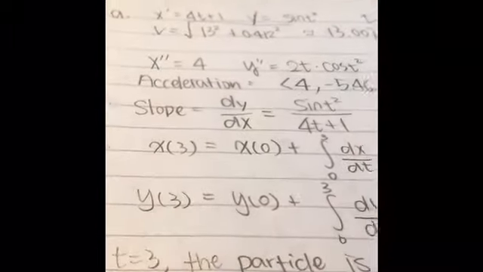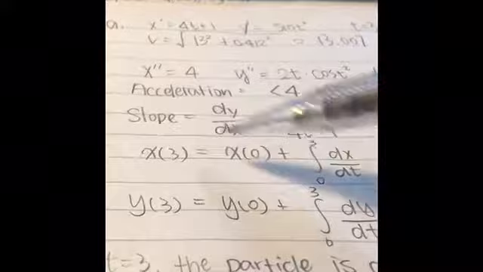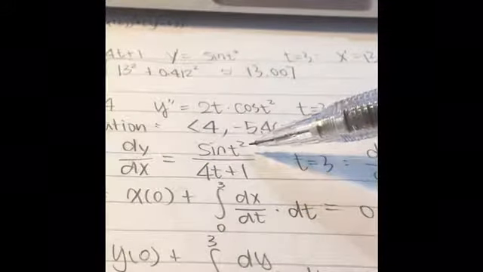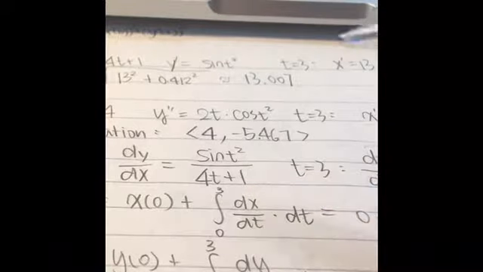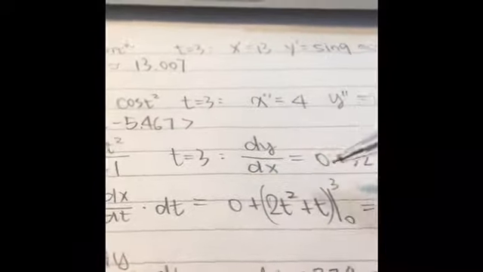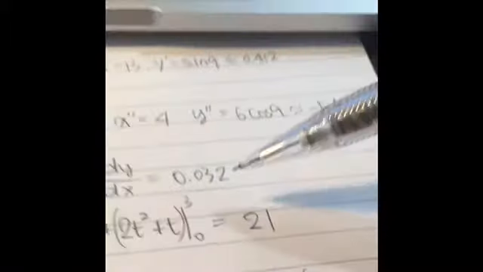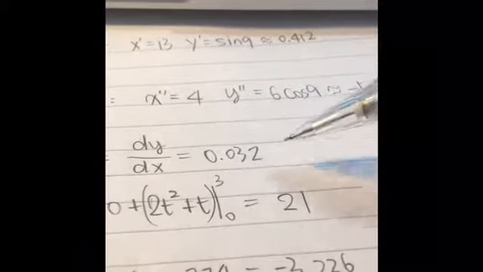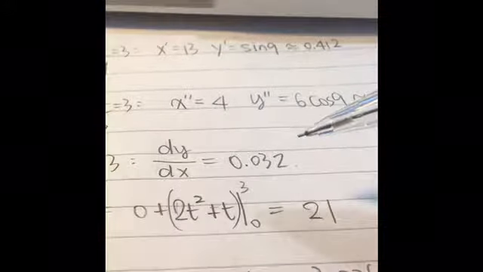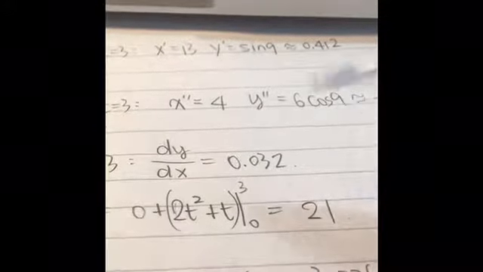So the slope equals dy over dx, which is sine t squared over 4t plus 1, and when t equals 3, the answer is 0.032. So the slope of the tangent line is 0.032.